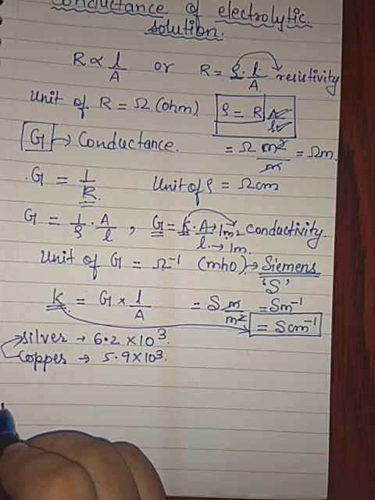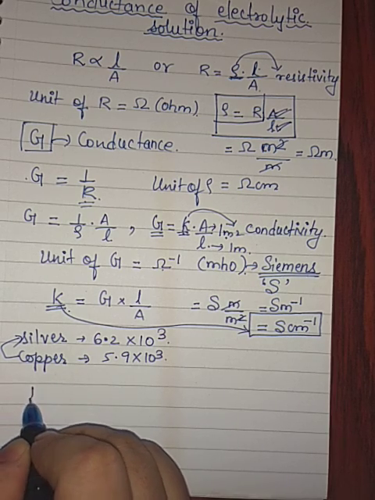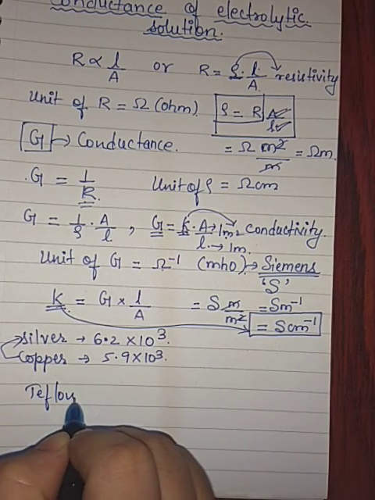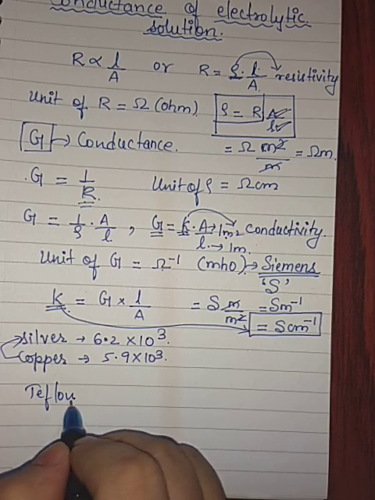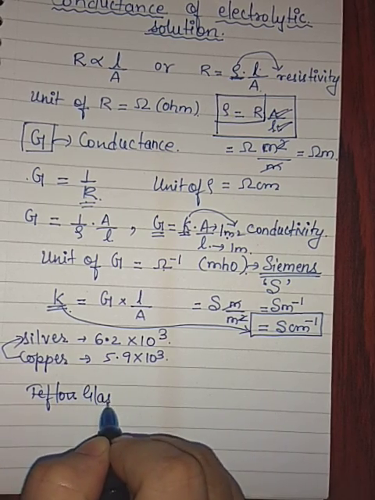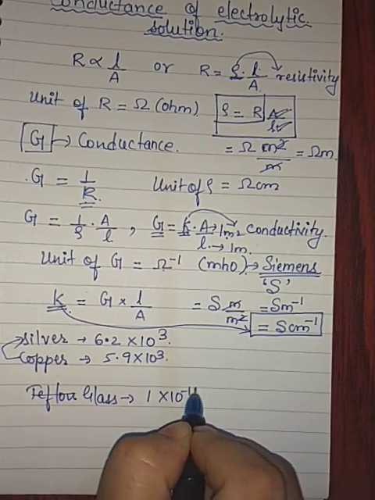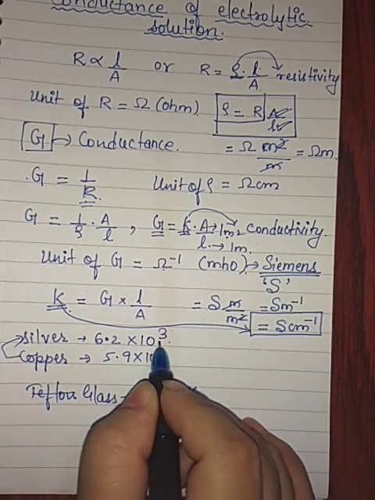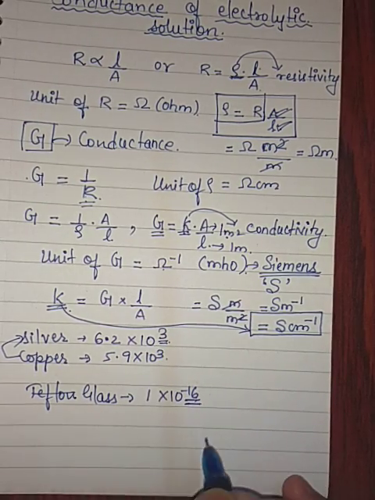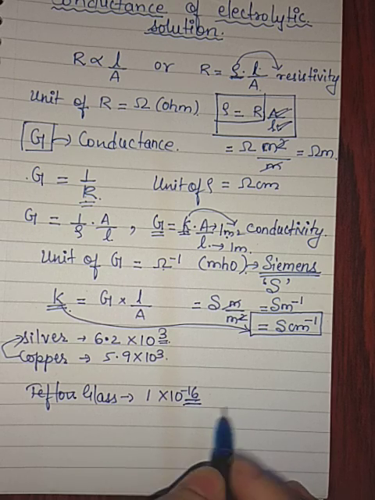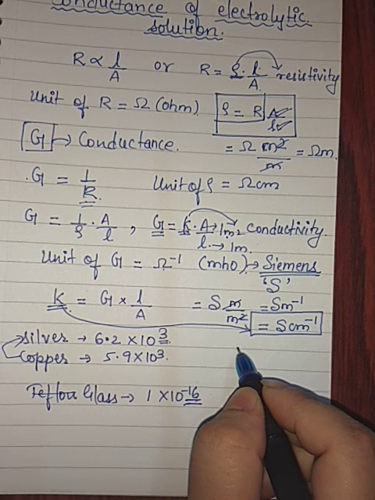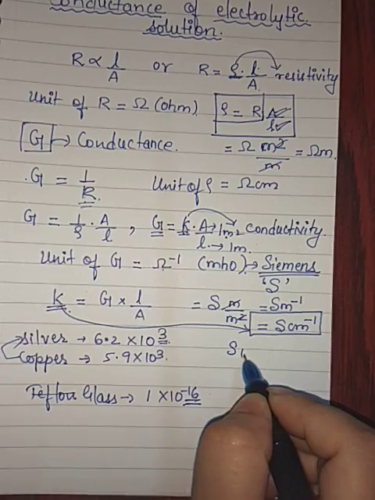Let us talk about insulators. If you take Teflon or you take glass, so let us take glass only. Glass is an insulator. It has a conductivity of 1 into 10 raised to minus 16. You can see for yourself how much lower the value of conductivity is for insulators. For semiconductors, let's take silicon.